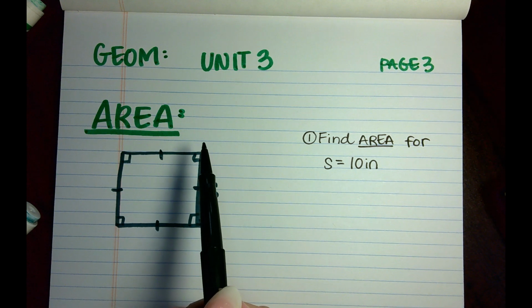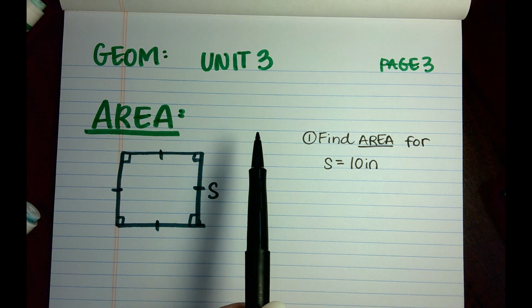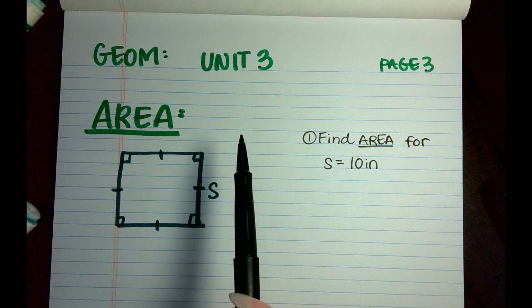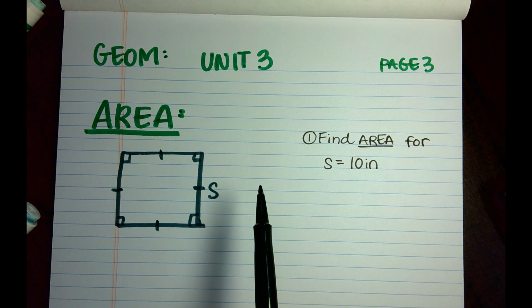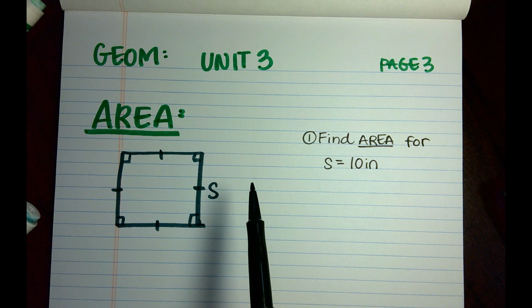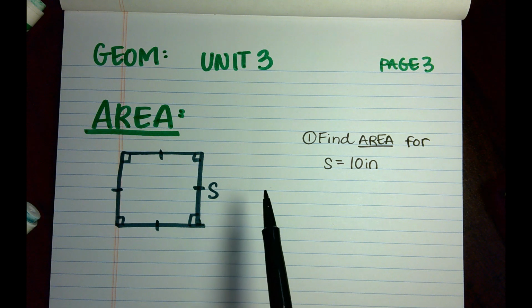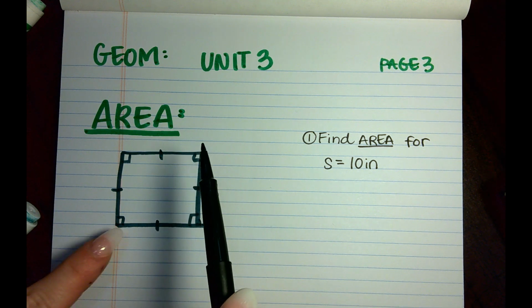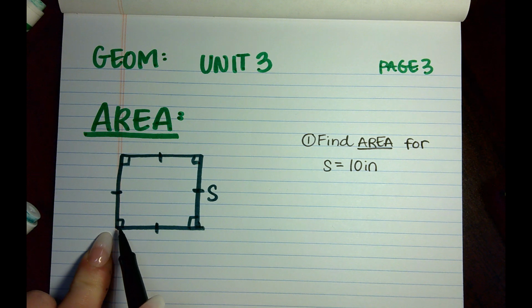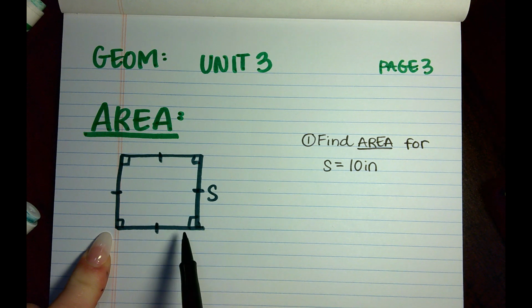Now, I haven't told you how to find area, but I wonder, do any of you know how to find area already? Yes. Length times width, base times height. However you have been taught it in the past, you are just doing a side times a side, basically.